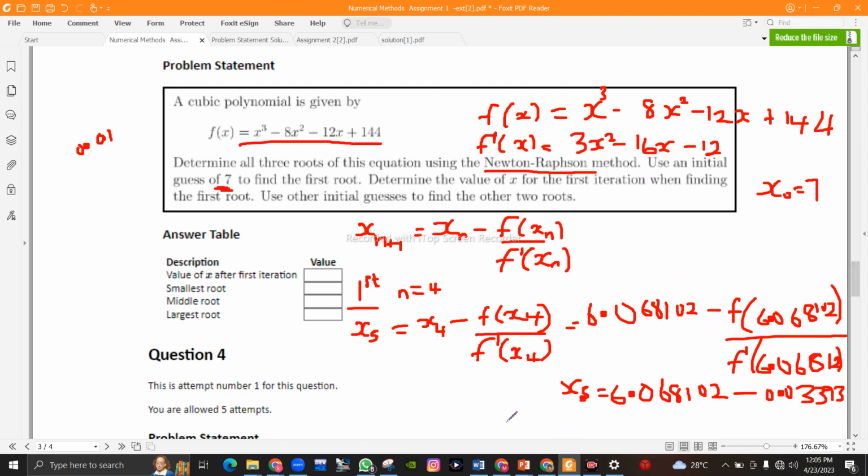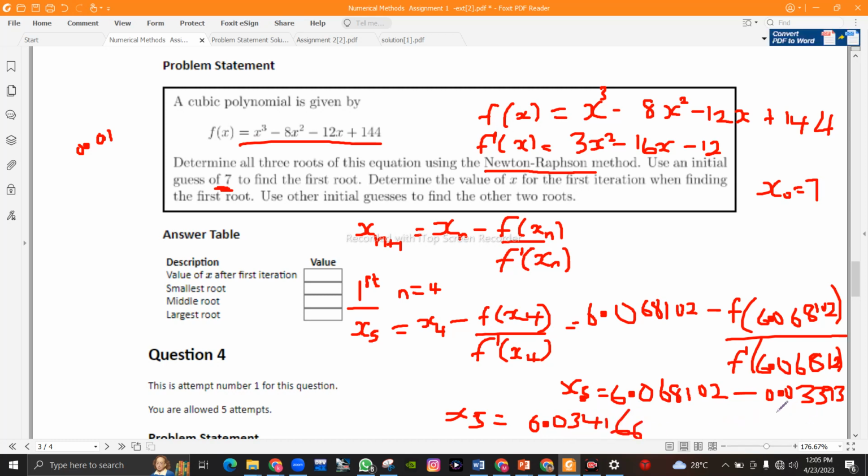So we calculate that your x5 will be equal to 6.034166.